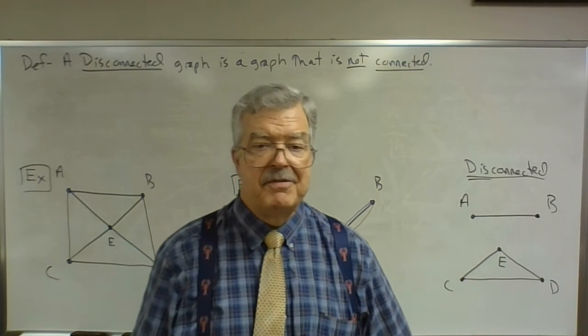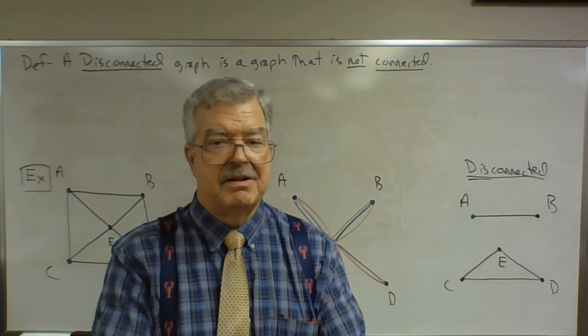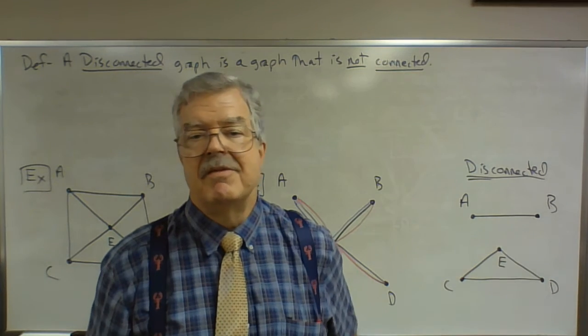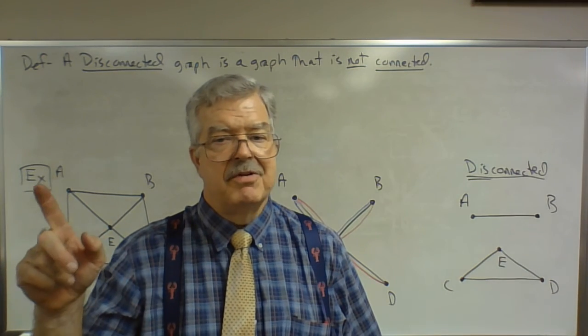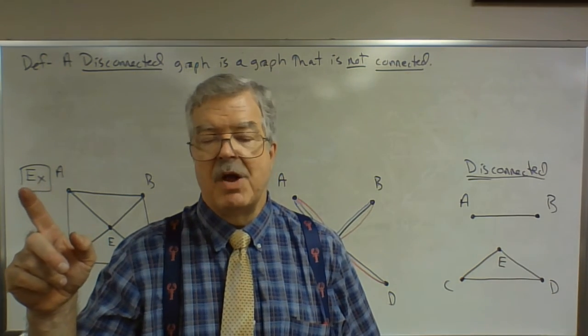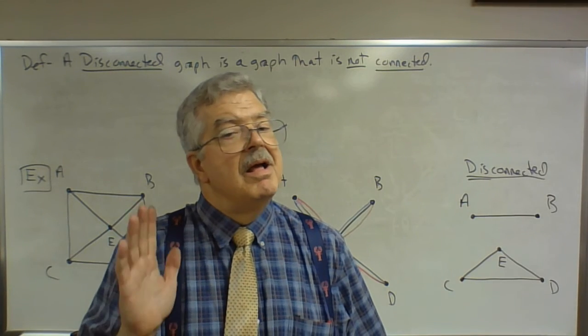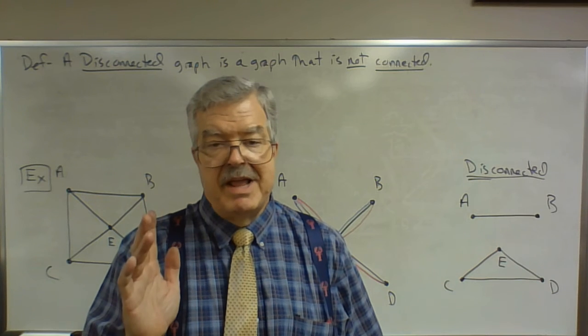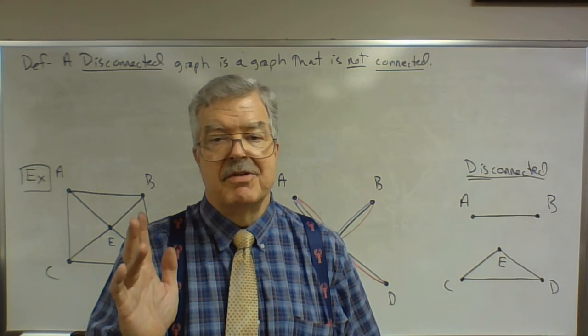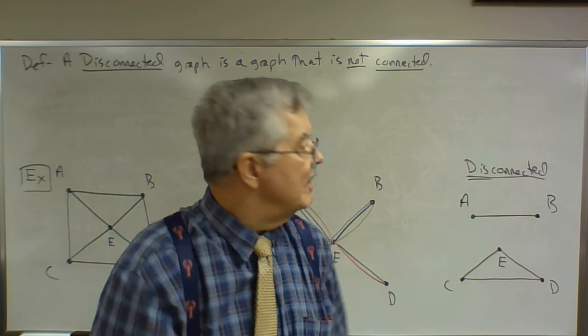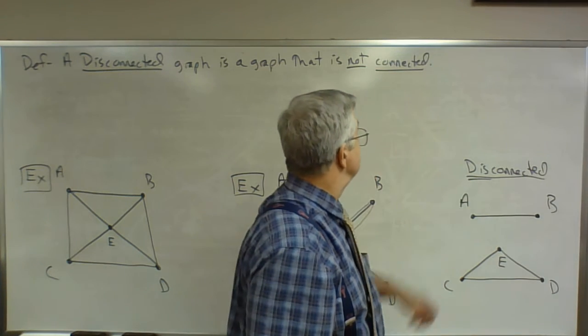So a graph is disconnected if it's not connected. If it's connected, every vertex has a path going from itself to every other vertex. If we don't have a path going from every vertex to every other vertex, the graph is disconnected.